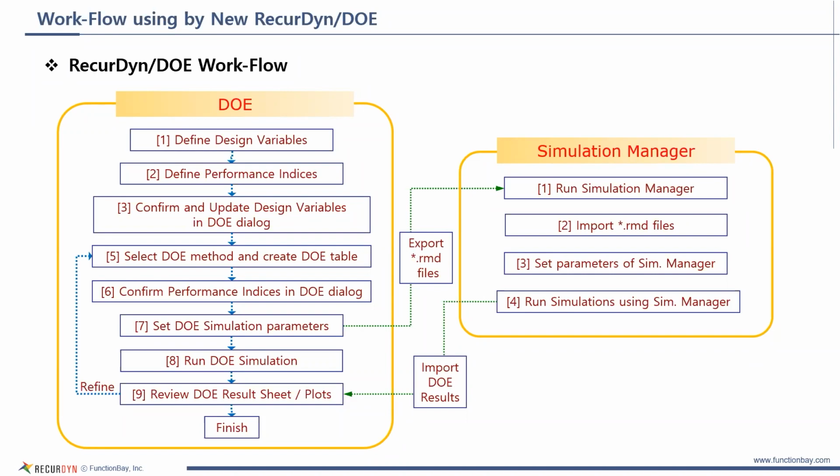And then at that point, we're at step 9 here. If you choose, based on your results, if you want to refine your DOE and run a new design of experiment, then you could go back and refine your DOE and repeat this last half of the steps.